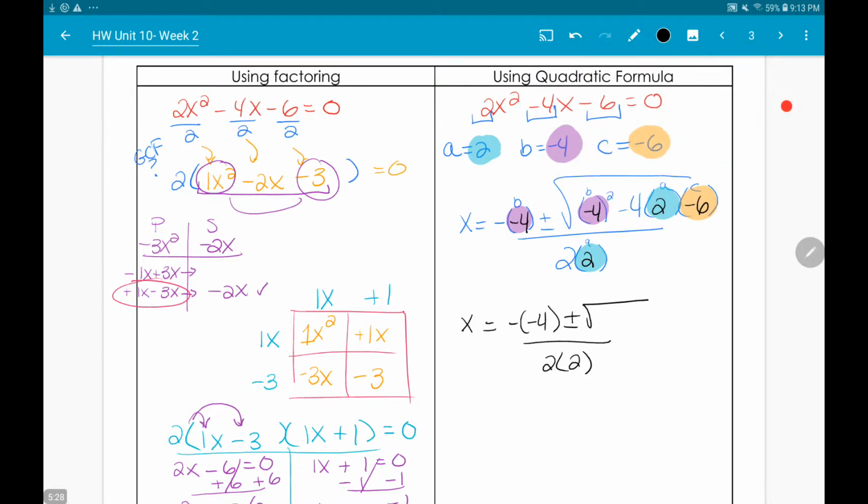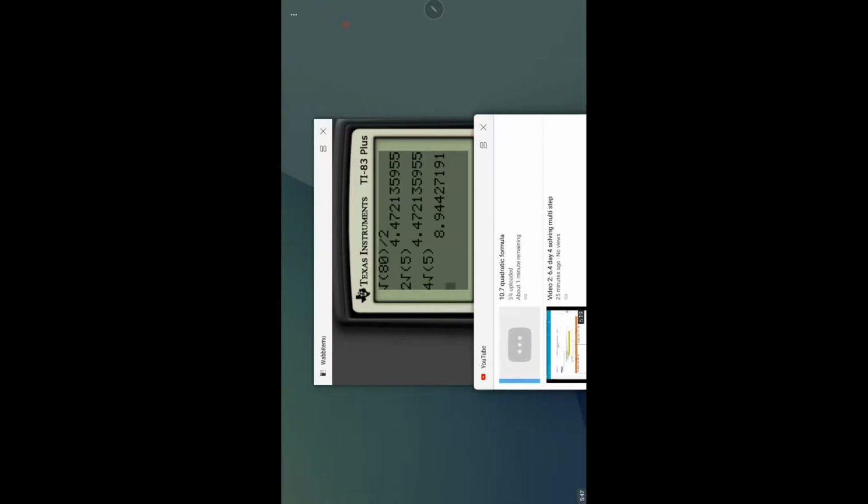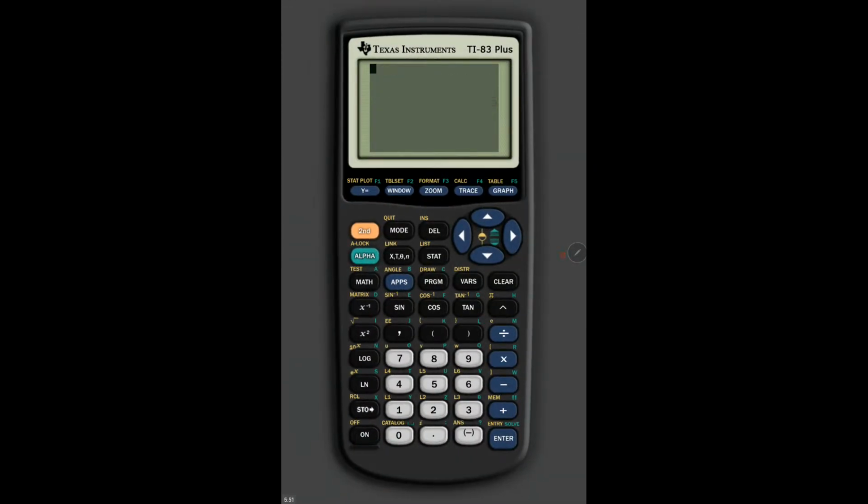And I'm going to use my calculator to plug this in. All right. So I get... Oh, I lost my calculator. Here it is. Forgot what the numbers were.